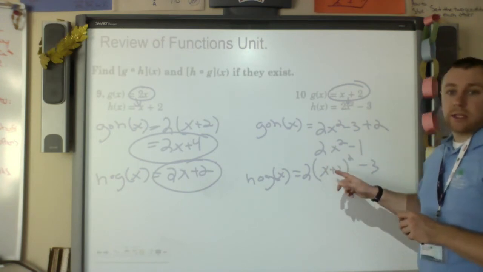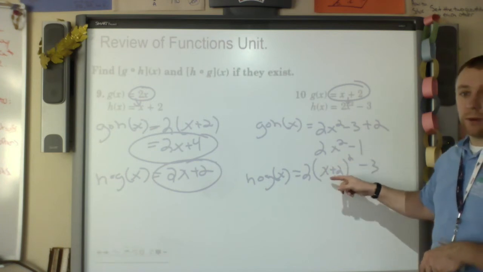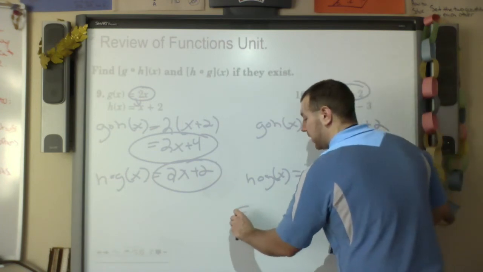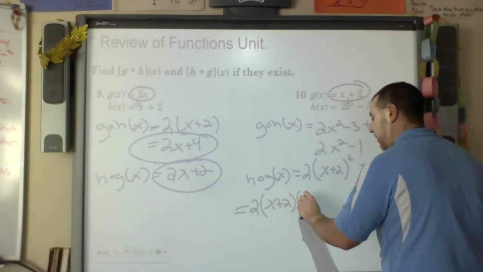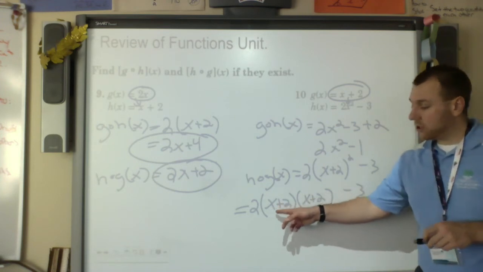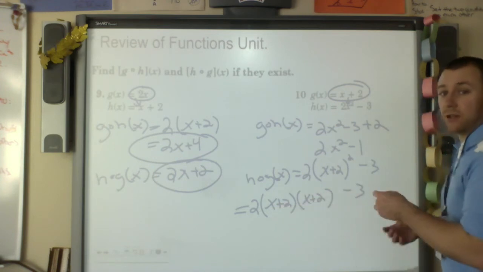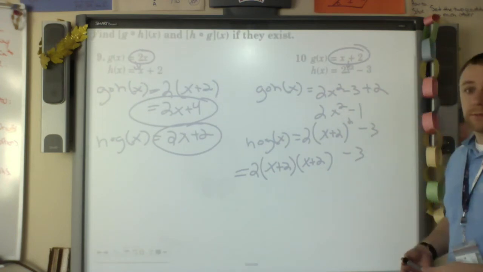Now, this is the tricky part, because it's not just x squared plus 2 squared, so I square both of those numbers. Whenever I square something, it's x plus 2 times x plus 2. So what I have to do is I have to do that distributive thing, just like I did with multiplication.